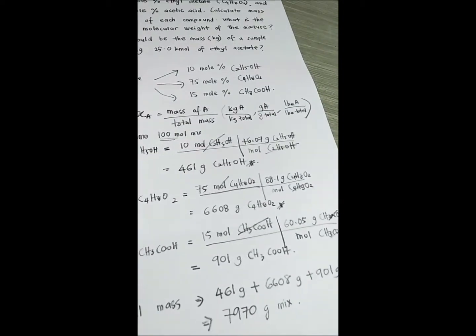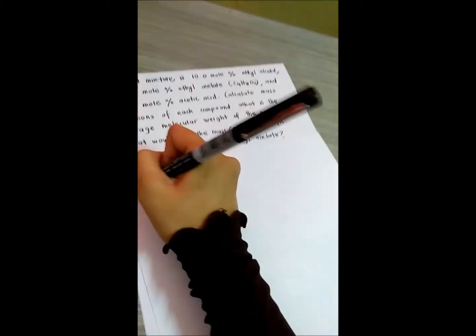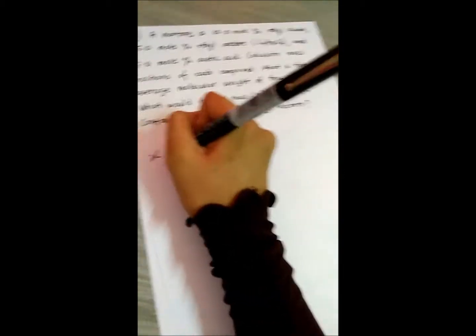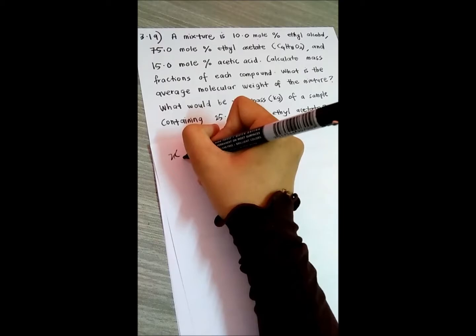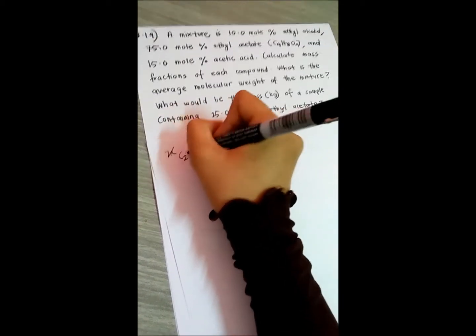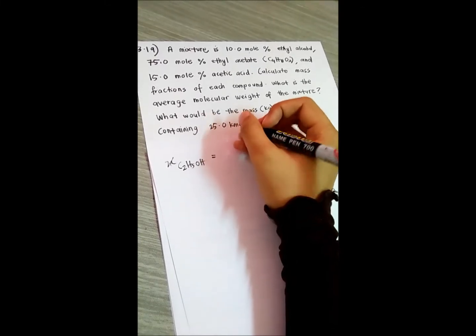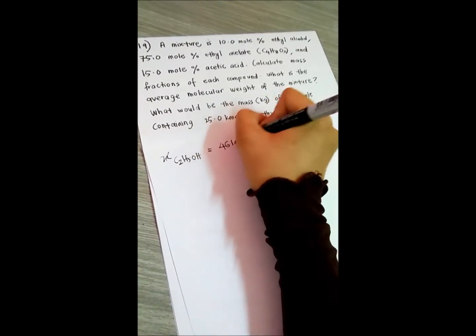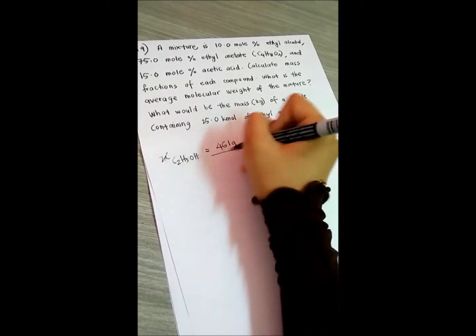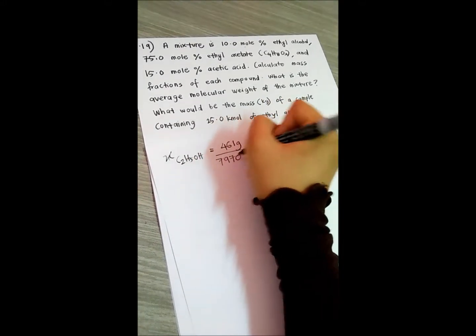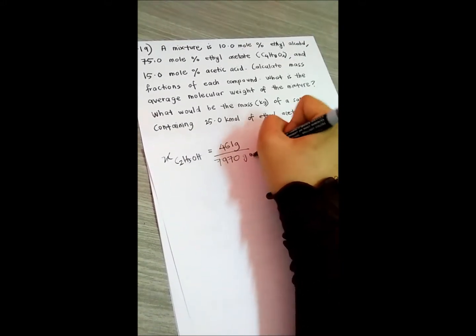Now you can calculate the mass fractions of each compound. For ethyl alcohol, the mass of ethyl alcohol is 461 gram divided by 7970 gram of mixture.